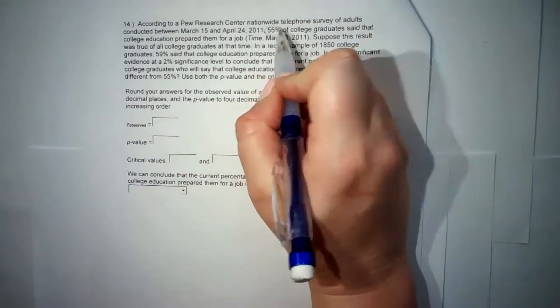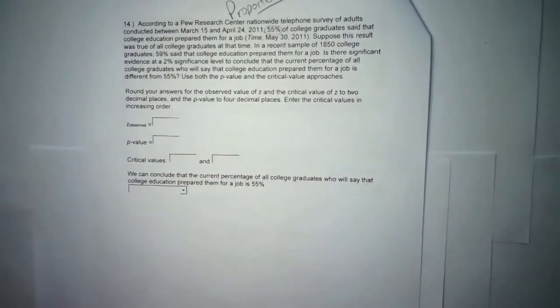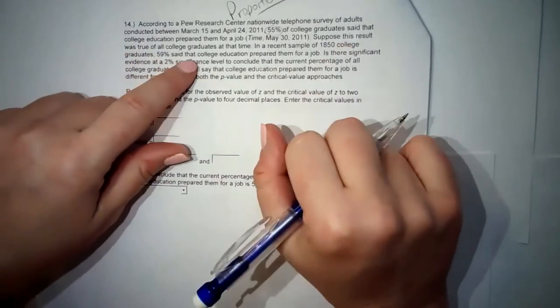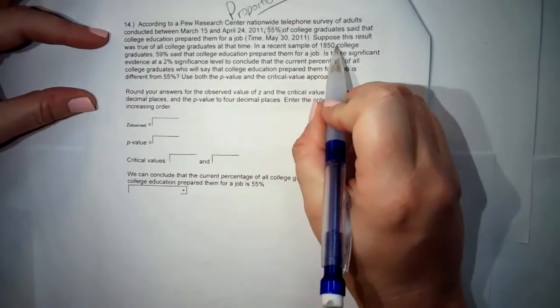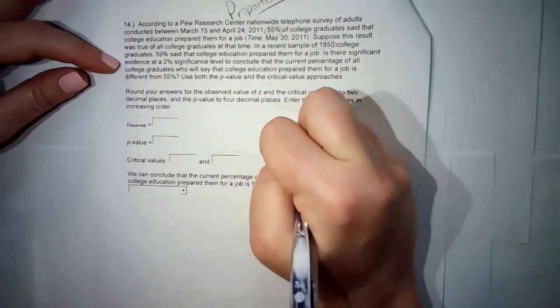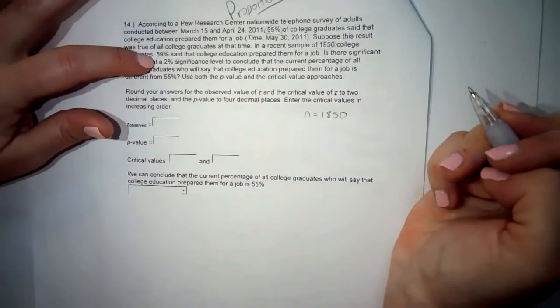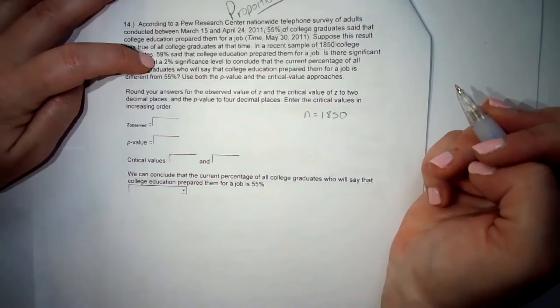The minute you see percent, you've got a proportion. You don't even have to think about it any longer. Suppose this result was true of all college graduates at that time. In a recent sample of 1850 college graduates, there's my n, 59% said that college education prepared them for a job.